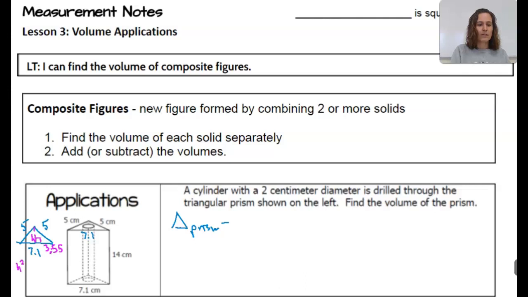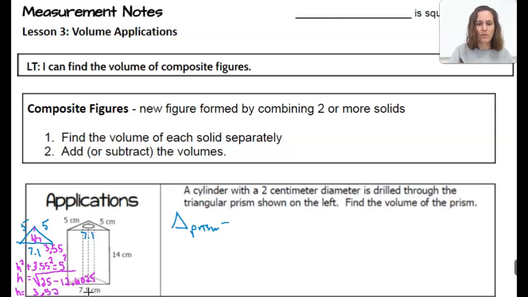So we'd have height squared plus 3.55 squared equals 5 squared. So when you get h by itself, you would subtract the 3.55 squared on both sides, and then you would take the square root of it all. So once you take the square root of 25 minus the 3.55 squared, which is 12.6025, you get 3.52. We have the height of the triangle.